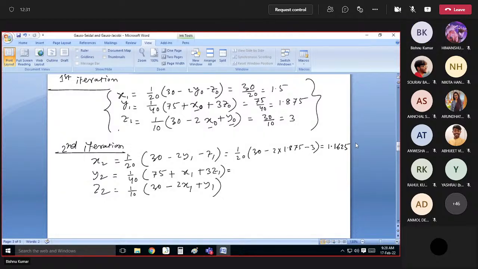Okay. Now y2 will be 1 by 40 (75 + x1 + 3z1). What is x1? 1.5. Plus 3 into z1, which is 9. So 75 plus 1.5 plus 9 gives 85.5... divided by 40. Sir, 2.1375. Very good.